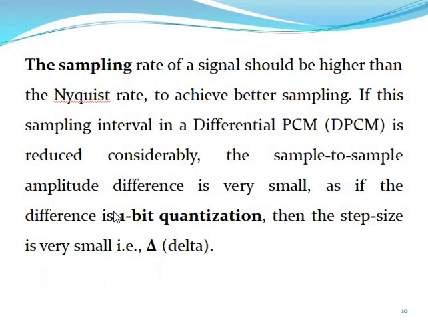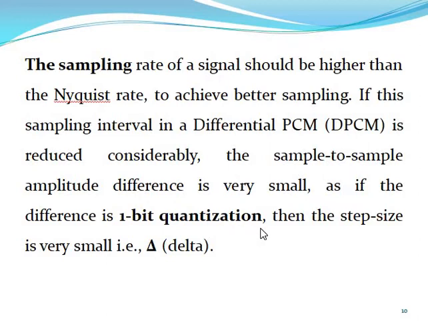Now we discuss the sampling rate. The sampling rate of the signal should be higher than the Nyquist rate to achieve better sampling. In PCM, the sample-to-sample amplitude difference is very small, as with 1-bit quantization.